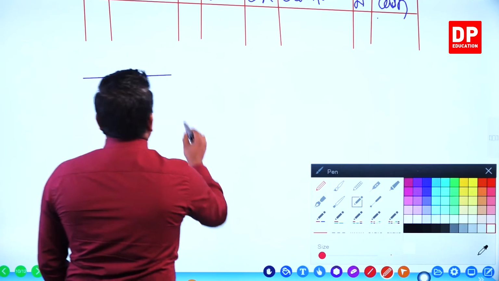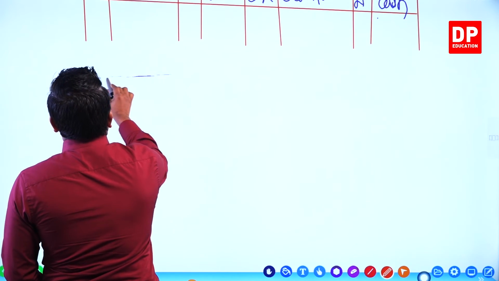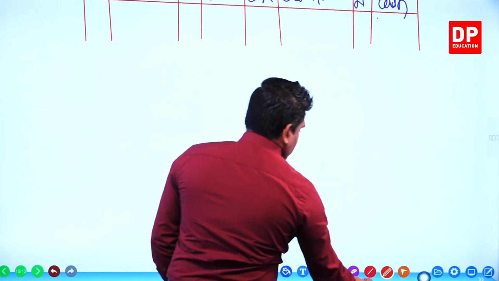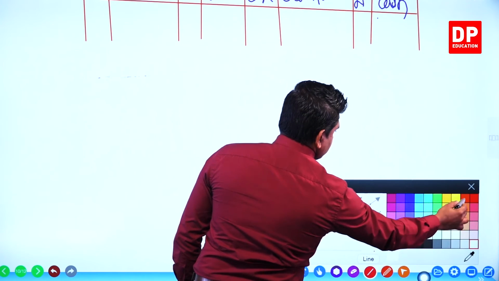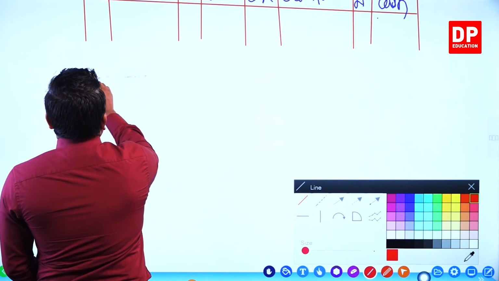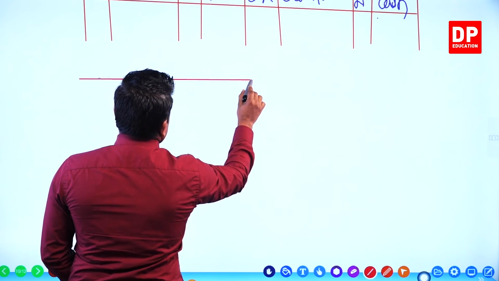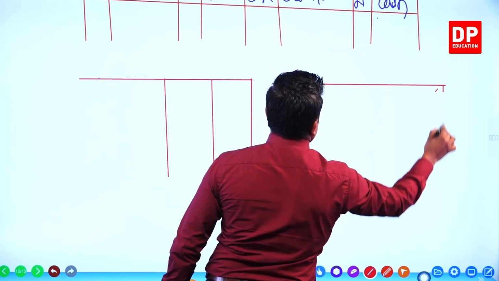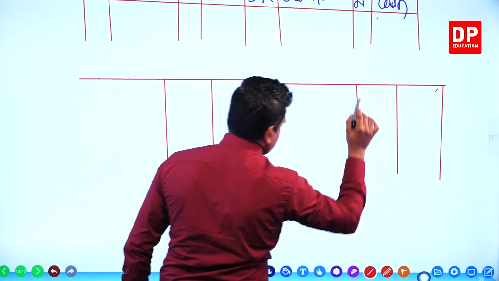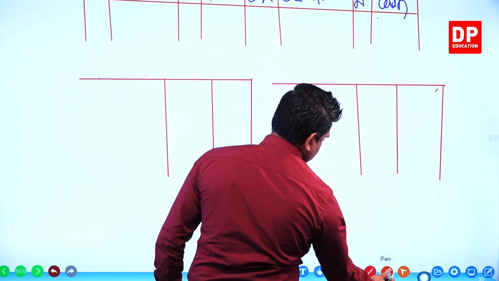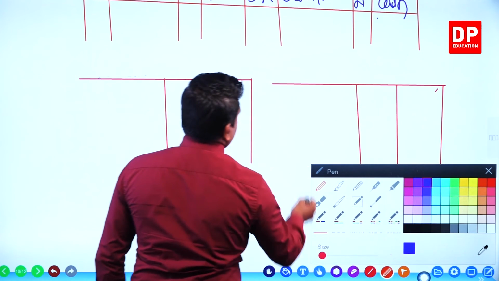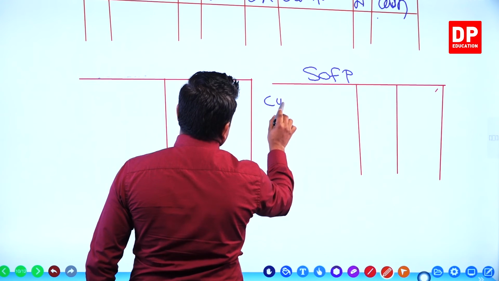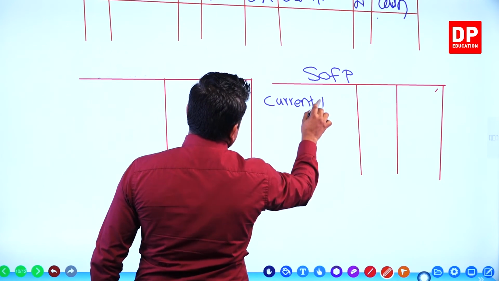I want to change the color. It's blue now, right? Change it to red. In the profit and loss statement, only the other income area is enough. In the statement of financial position, the current assets area is enough. Here, this is the statement of financial position, current assets.